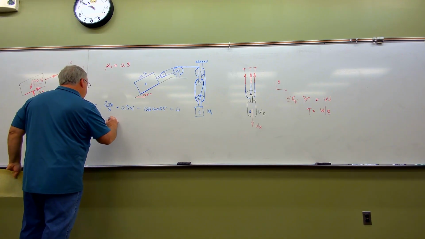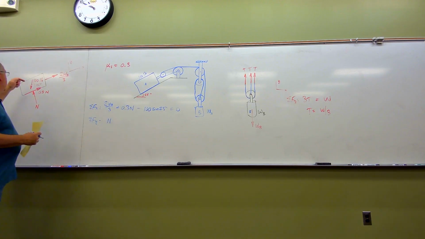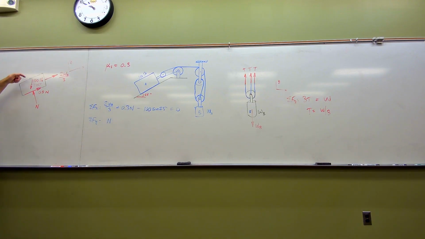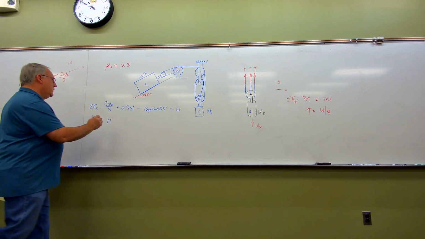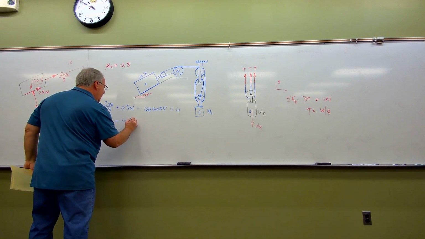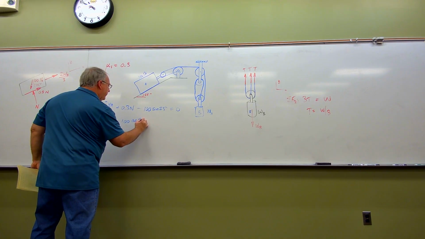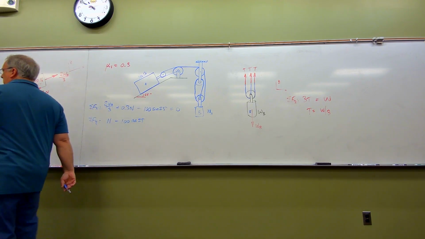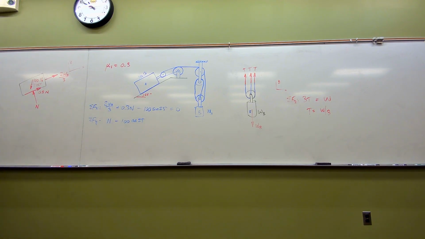So I have N. And then this force here is tending towards the negative y direction, and that's going to be negative 100 times, in this case, the cosine of 25. So minus 100 cosine 25. And folks, that is the entirety of the y direction equation.